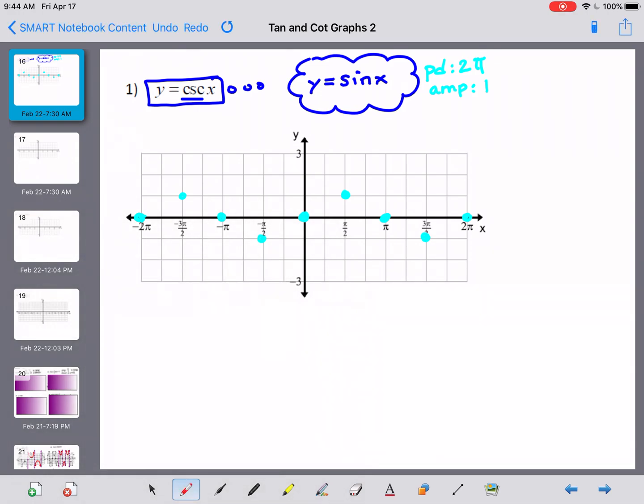So now, reciprocal. Think about what we did when we did reciprocal of tangent and cotangent. What happened to every x-intercept when we did reciprocals for tangent and cotangent? Every x-intercept became an asymptote, right? So every x-intercept is going to become an asymptote.